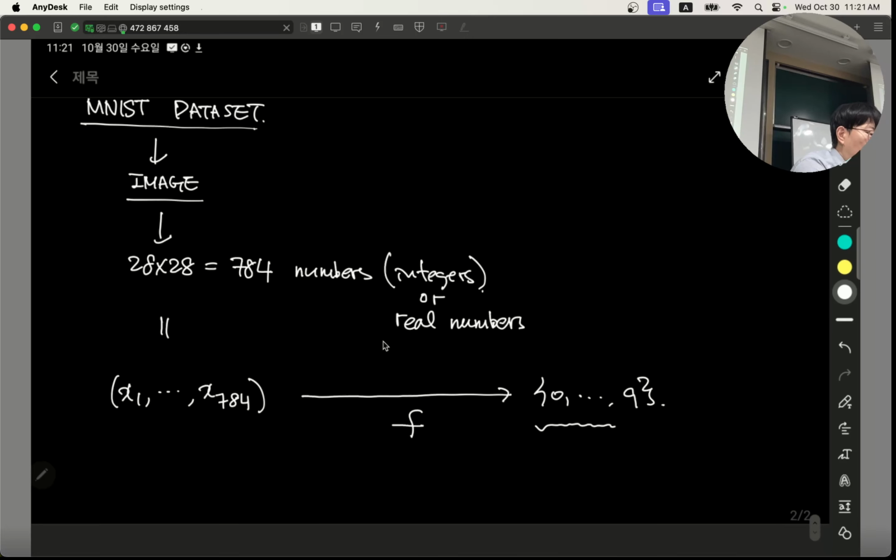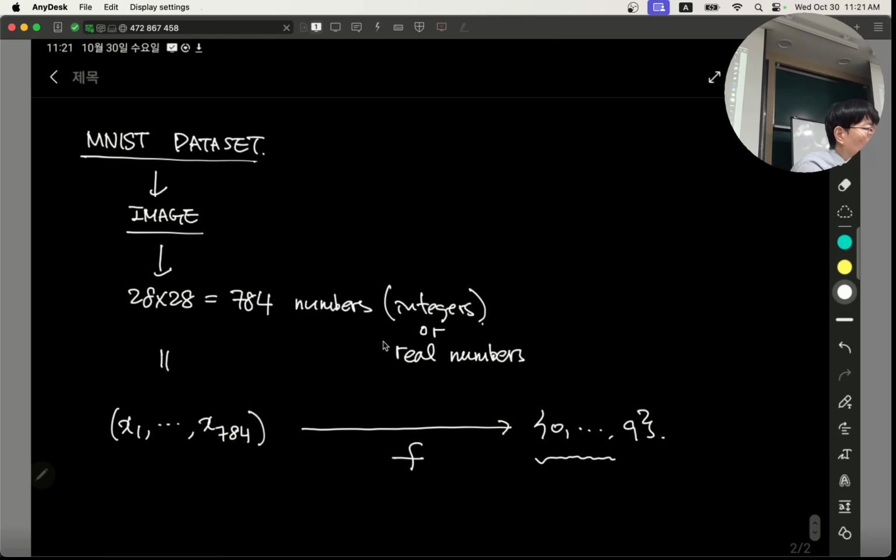But I want to make it a little bit simpler so that our arguments get more interesting. So instead of classifying all the images, let's say I want only 0 and 1.